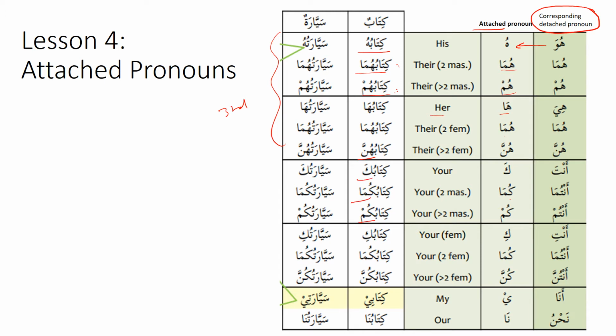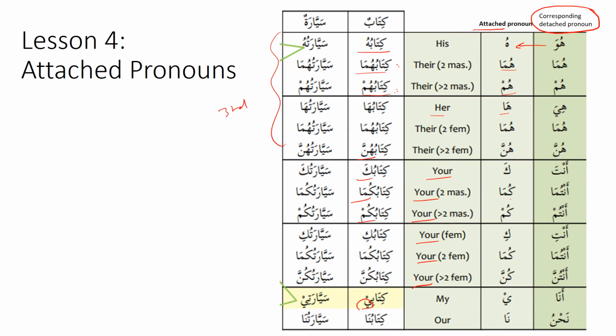So you see, they're all your. But in Arabic, we know that there's a difference between the ka, kuma, kum, ki, kuma, and kunna. It's according to the masculine, feminine, and the plural, dual, and singular. And the last one is kitab plus e equals kitabi, my book.